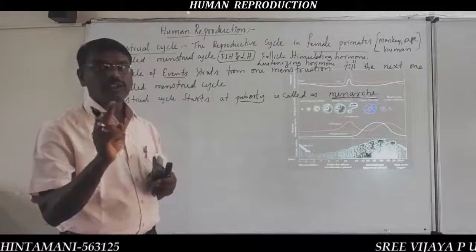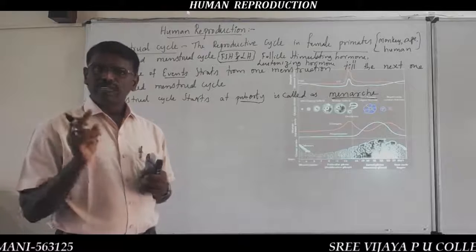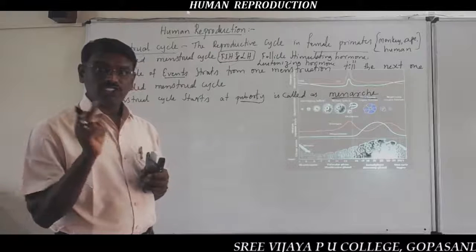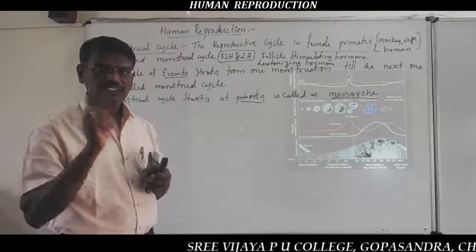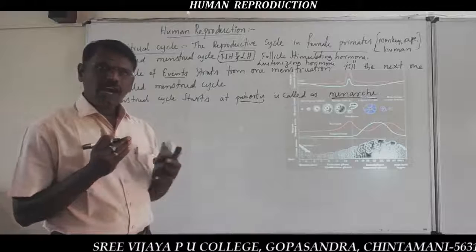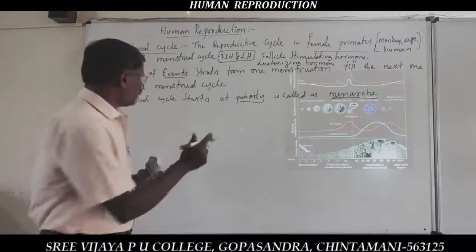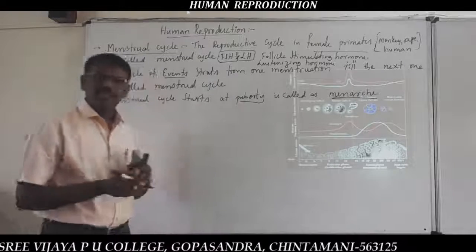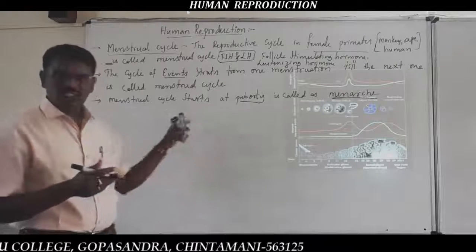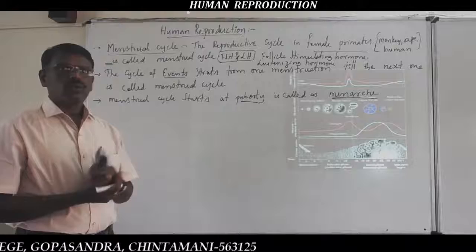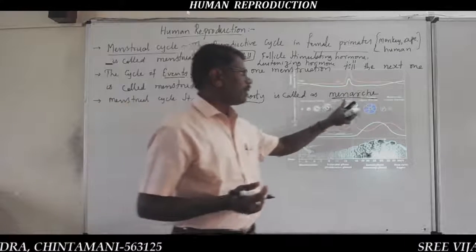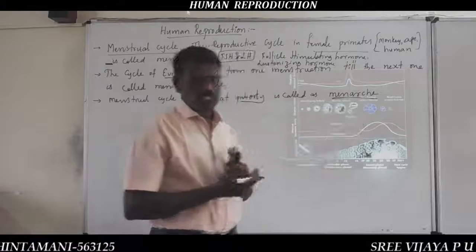That is granulosa cells. These granulosa cells produce female sex hormones called estrogens. These hormonal changes occur at puberty, and the menstrual cycle starts. The start of menstrual cycles at puberty is called menarche.